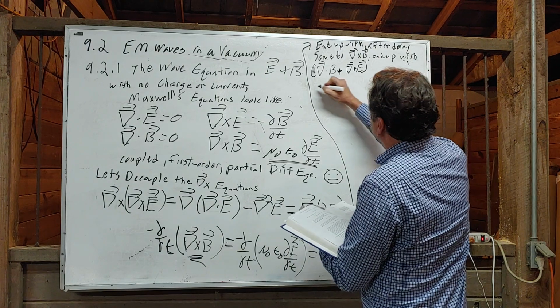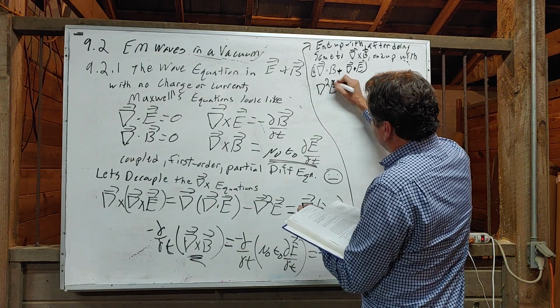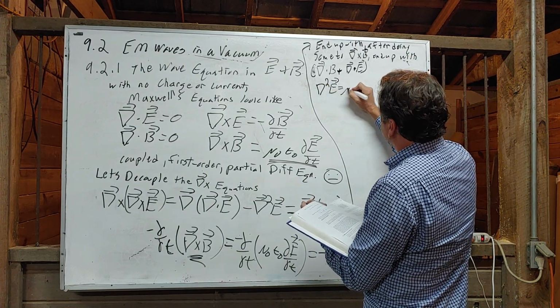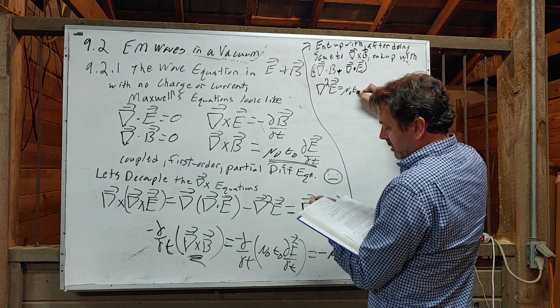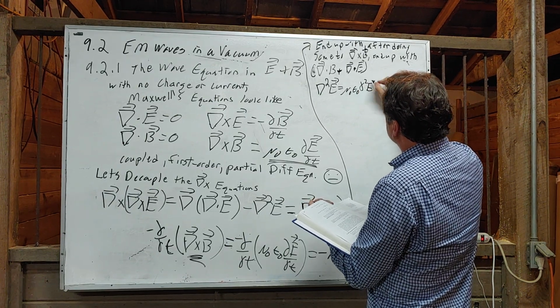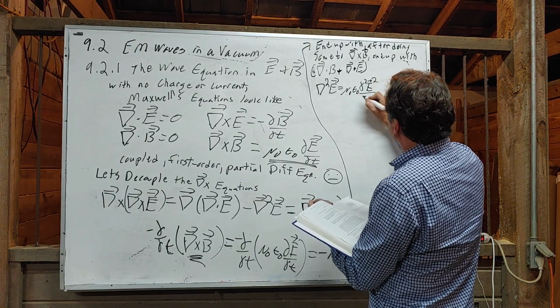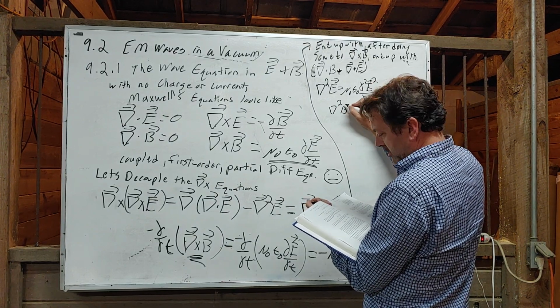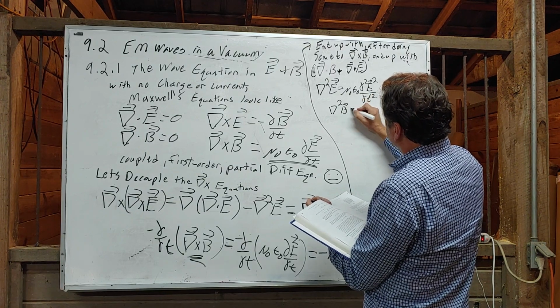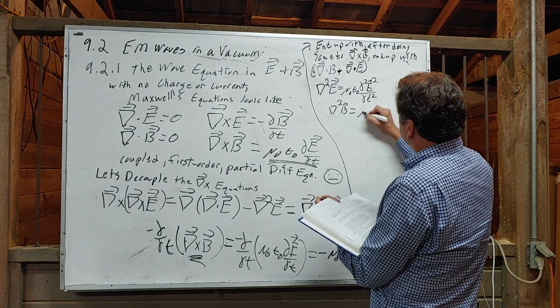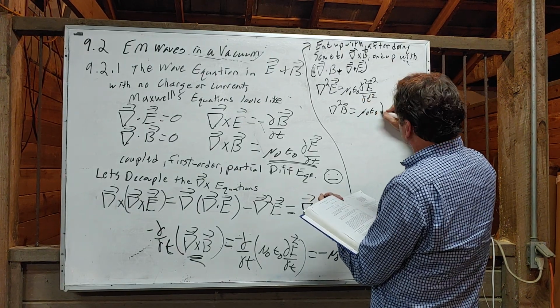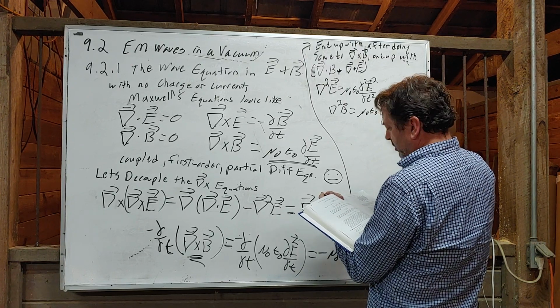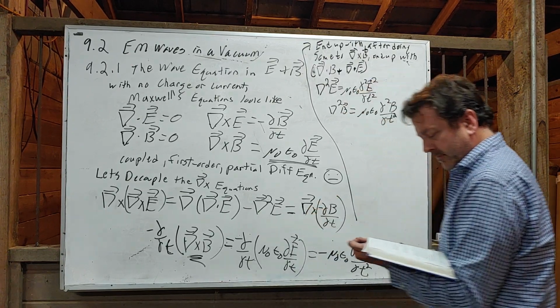And you get that del squared E equals mu naught epsilon naught partial squared E with respect to t squared. And that del squared B, the B field, is equal to mu naught epsilon naught partial squared B with respect to t squared.